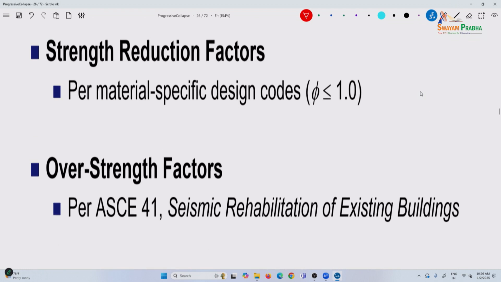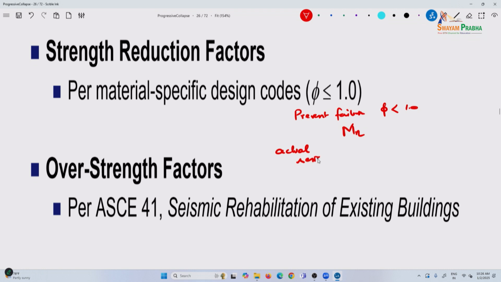You can use strength reduction factors in this case, because in blast design we set the strength reduction factor as 1, but here you want to prevent failure. So phi is less than 1. For example, you calculate Mn, the actual resistance.